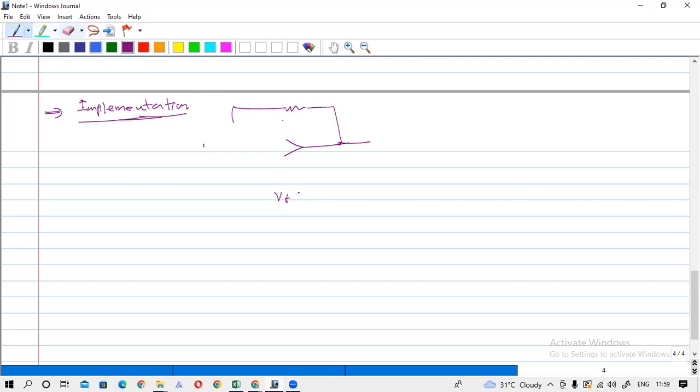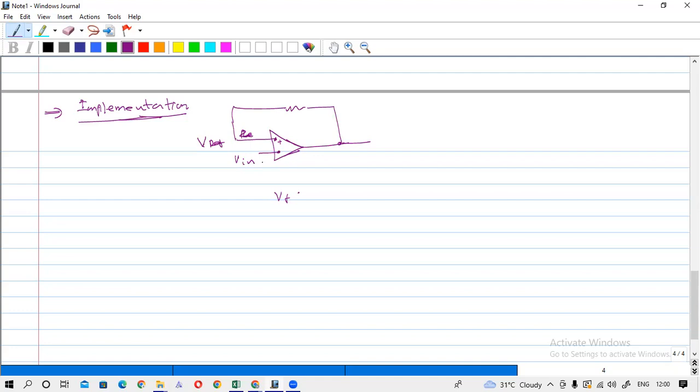I will refer to this as the reference voltage, so this is the reference voltage Vref. The voltage given to this plus terminal is the reference voltage, Vref, and this is the input voltage. So these two are the inputs, and we represent this one as the reference voltage.